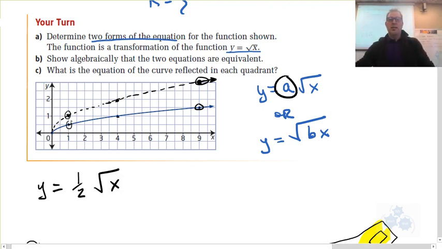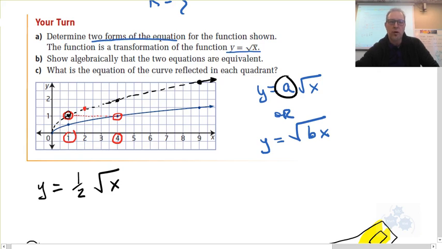Now my question is, how can I write this with a B value? How can I write this as a horizontal stretch? So remember, we want to think horizontally. Watch this. This point right here, where is the corresponding point on the horizontal plane? It's right over here. This is x equals 1. This is x equals 4. This one right here, where x equals 2, it's right about here.